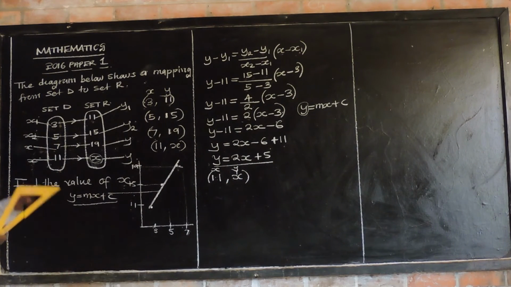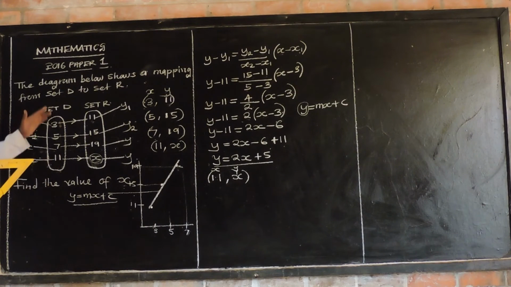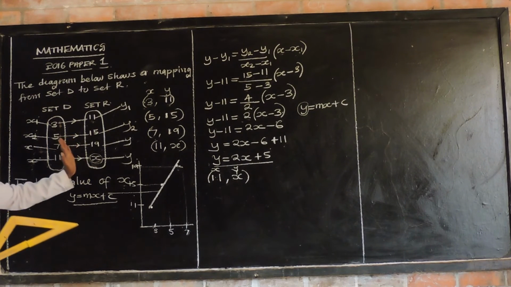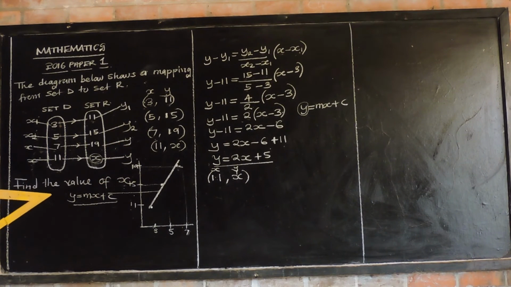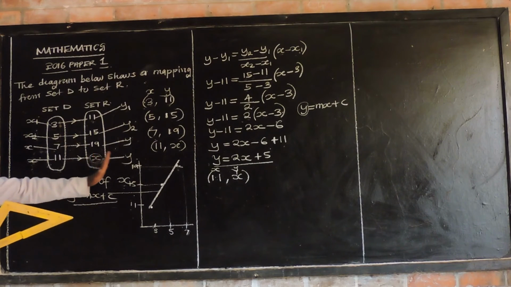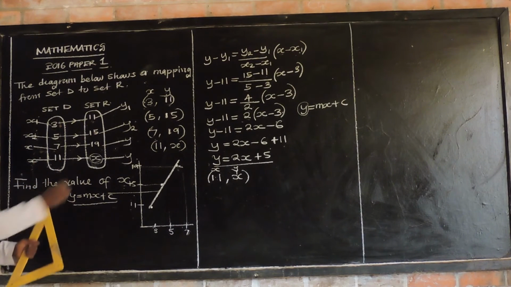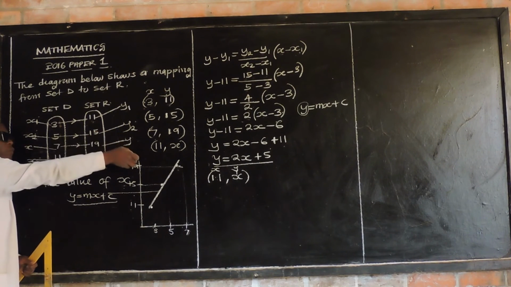So I'm saying, take note, 11 is on the part of x. In short, 11 is an entry of x, and then x is an entry of y.